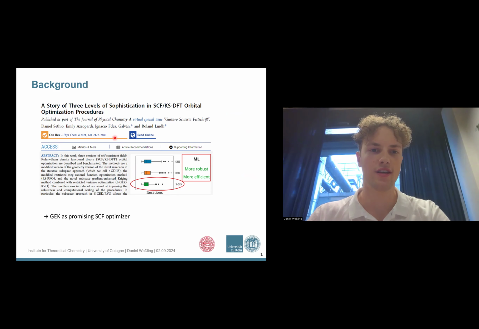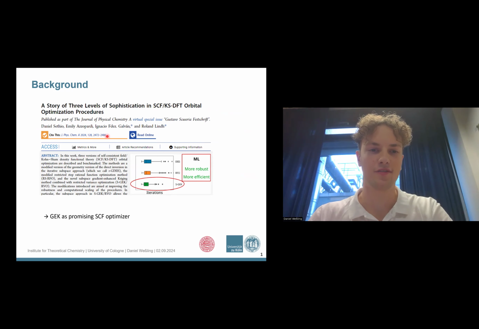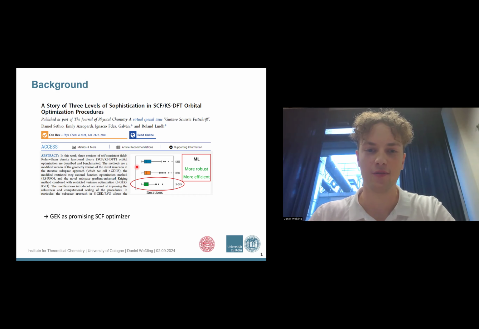And then he made the switch also to SCF optimization, which is given in this paper already. There's going to be a new paper, I think, soon. But it was already published here with Subspace Gradient Enhanced Kriging. And here it was already done with RS-RFO, which you can see here as an underlying second order method.